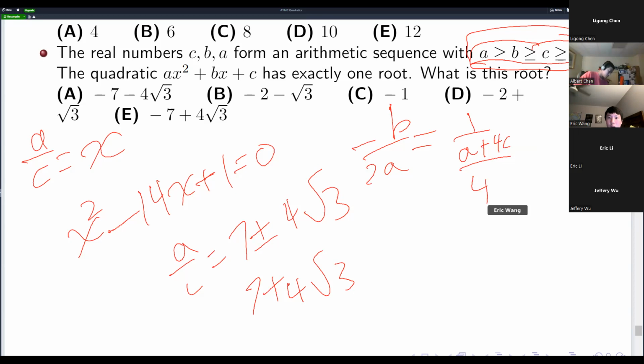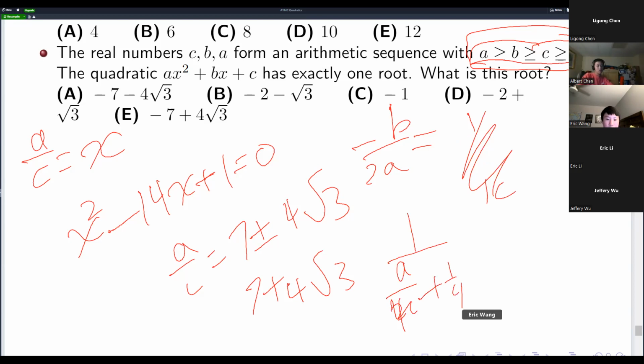Wait, there should not be a, where is this? Oh, I don't think it's working. Oh, it's not that, but it's 1 over (a over 2c) plus 1 over 4. And then you plug it in, and what you get is 2 minus 3.